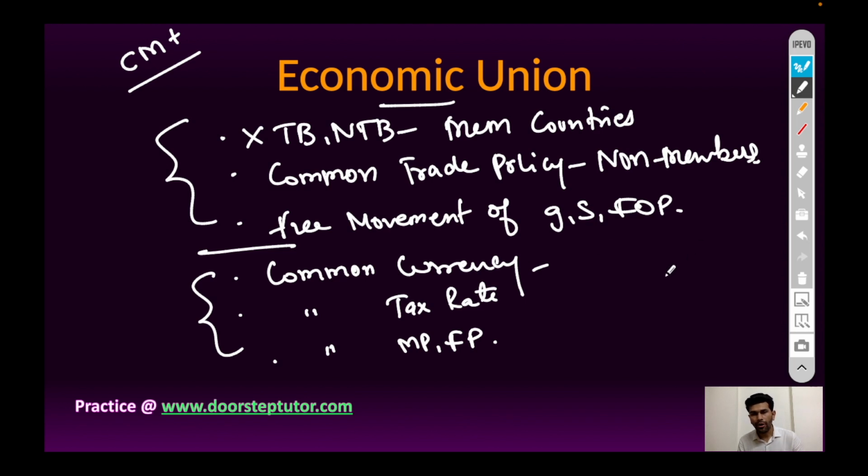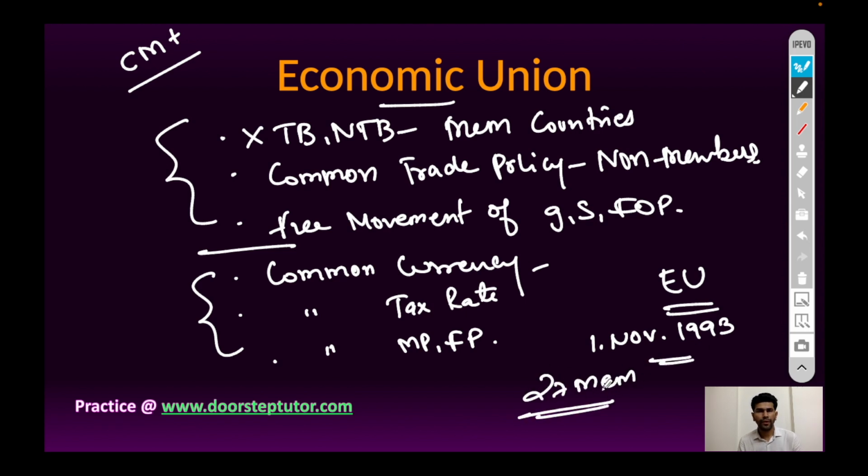For example, European Union. It was established on 1st November 1993 with 27 member countries. So they have decided to eliminate tariff and non-tariff barriers among member countries, a common trade policy for non-member countries, and free movement of goods and services and other factors of production.